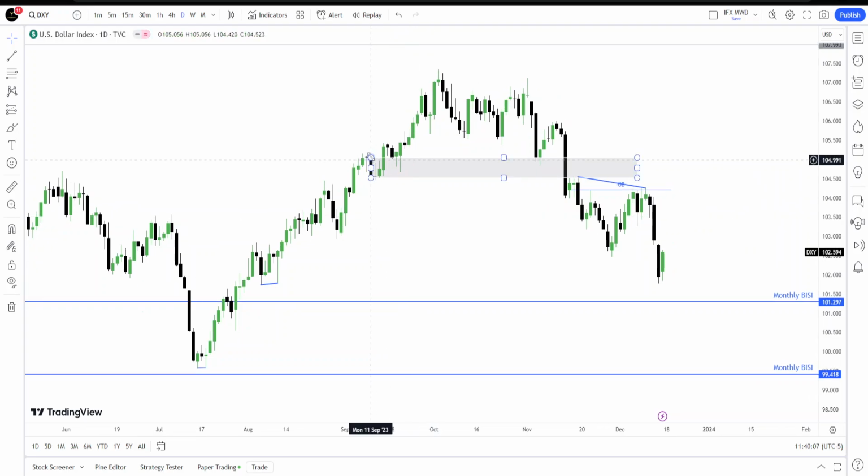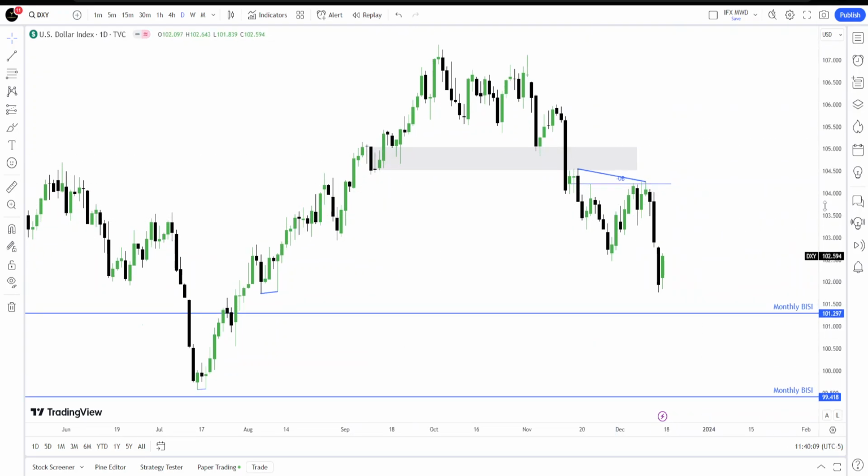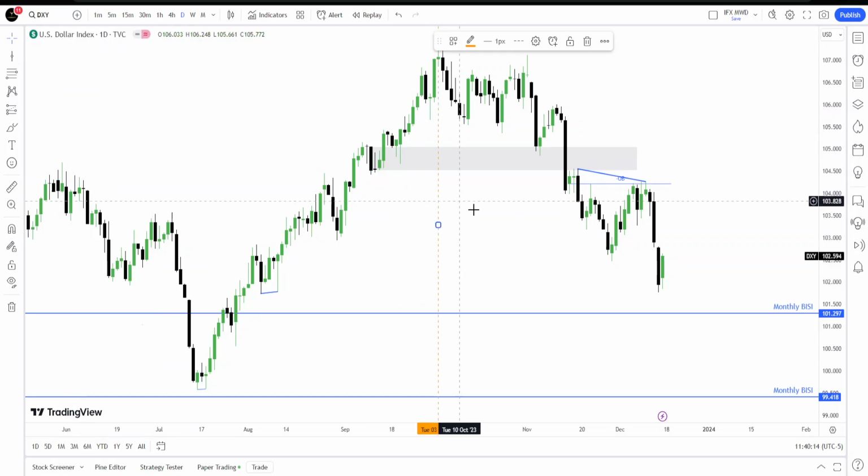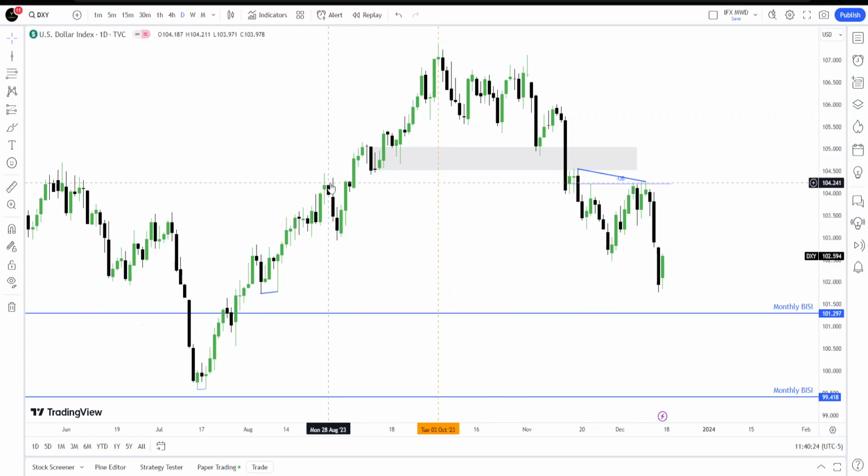From my understanding, and I know someone's going to say this is wrong, when you split the market maker buy and sell model in half, let's say we split it in half over here, all these down candles on the buy side of the curve, you take them across.